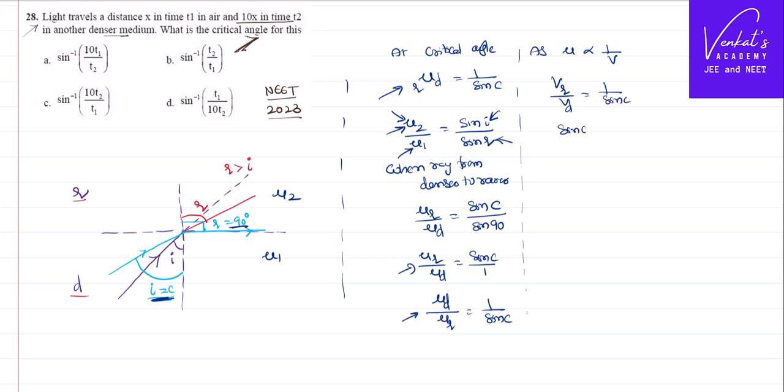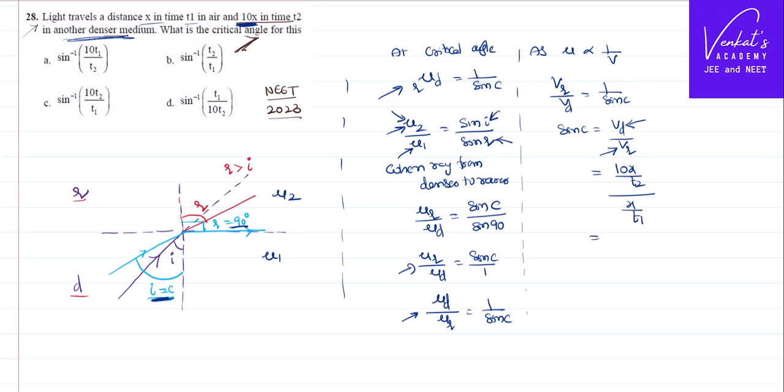So sin c can be written as v denser by v rarer. Velocity, by basic definition, is displacement by time. So the velocity in the denser medium is the displacement in the denser medium, 10x as given, in a time of t2, divided by the velocity in the rarer medium, which is x by t1.